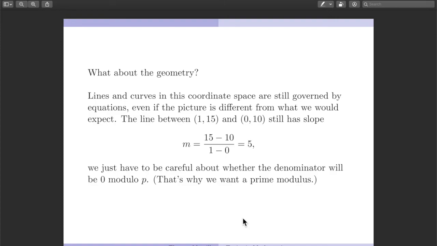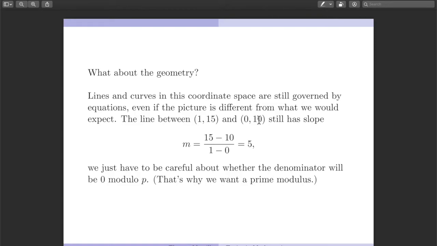Well, my slope is going to be the difference in y coordinates divided by the difference in x coordinates. So here, the line between my two different coordinates that I've got is going to have slope 5. And I can see already that if I've got slope 5, the equation for my line had better be y equals 5x plus 10, right? My y-intercept is just going to be 10 in this case.